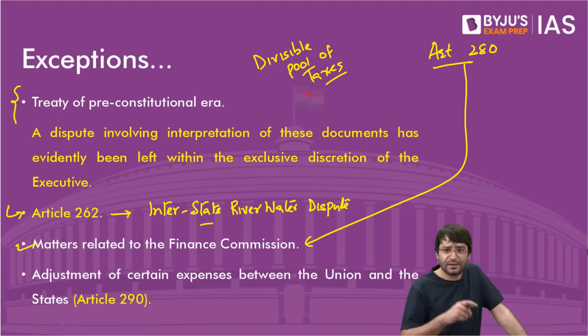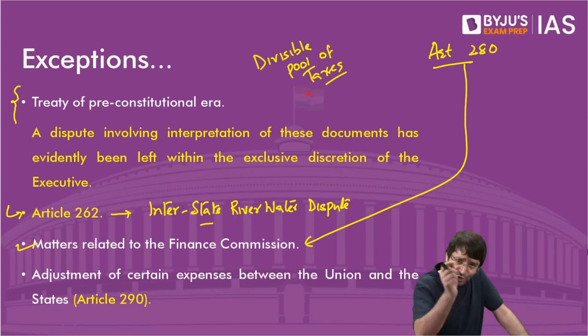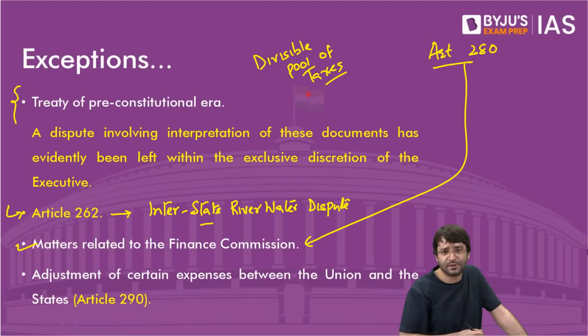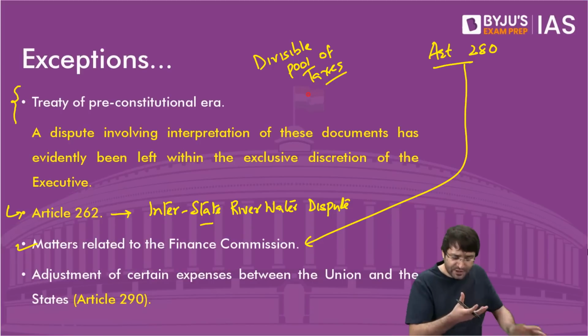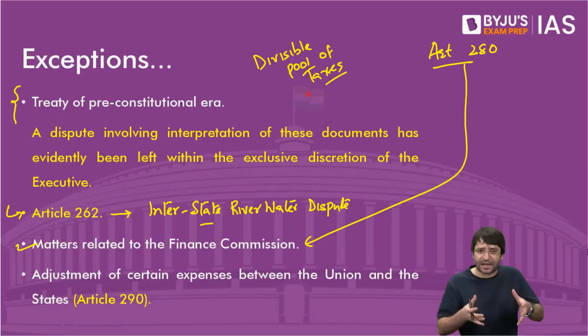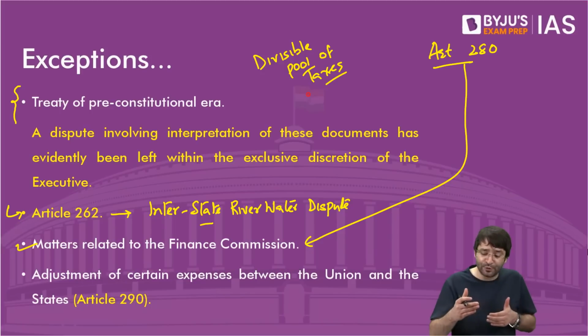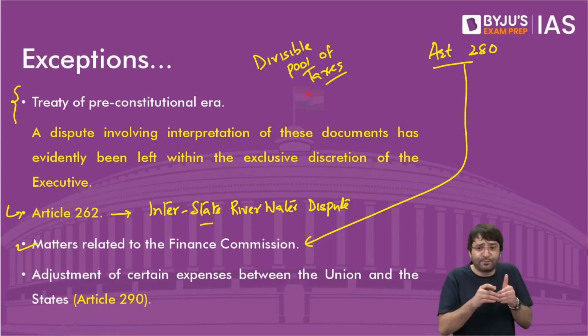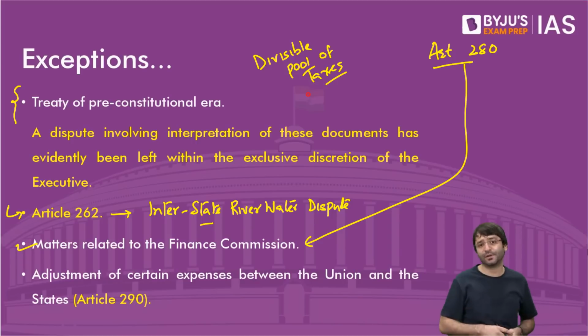For example, the center imposes income tax. The center imposes corporate tax. But whatever money is generated from income tax and corporate tax, will this money be used only by the center, or will it be distributed with the states? It is part of the divisible pool of taxes. That means it is to be distributed between the center and the states.